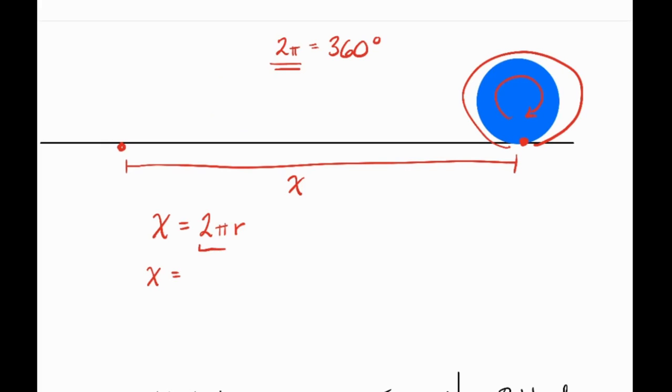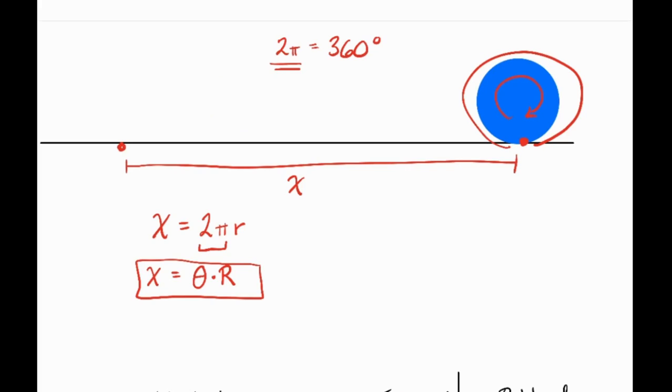So instead of being 2 pi, this is just the angle that it rotated in radians, times radius. And because v's and lowercase r's are so similar, I'm going to write this as an uppercase R. And there I have it. This is my actual equation to go between how far it went and how much it rotates.